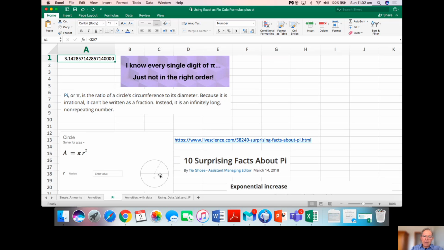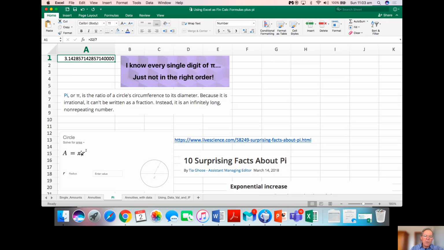Whatever the size of the circle, it all came down to this pi. Once we know what the radius is, the ratio is always going to be pi.